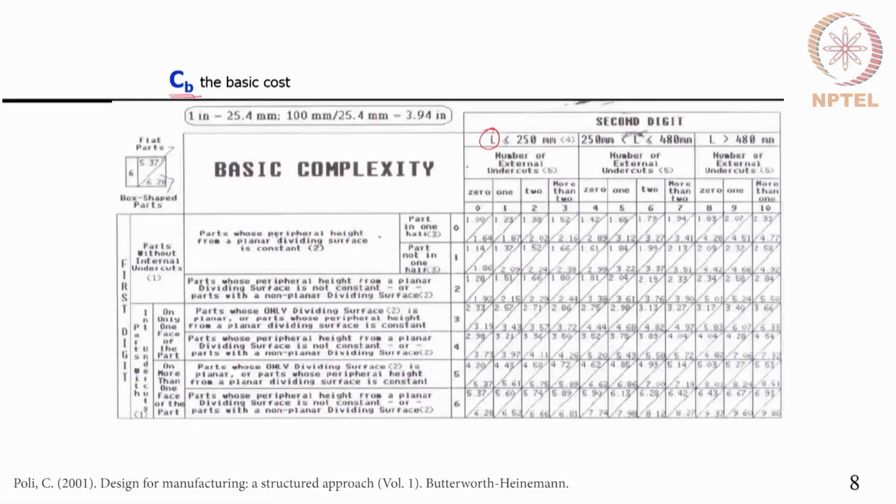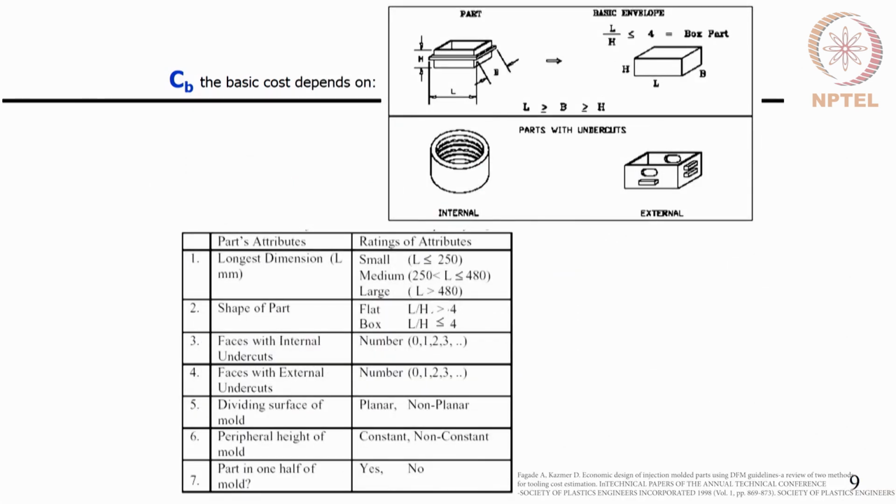The basic cost CB is determined by several mold features, like the largest dimension and whether the part is in one half or multiple halves, and so forth. I will come back to this table a little later.